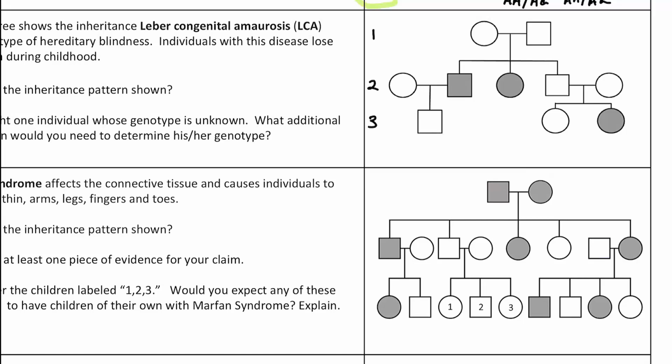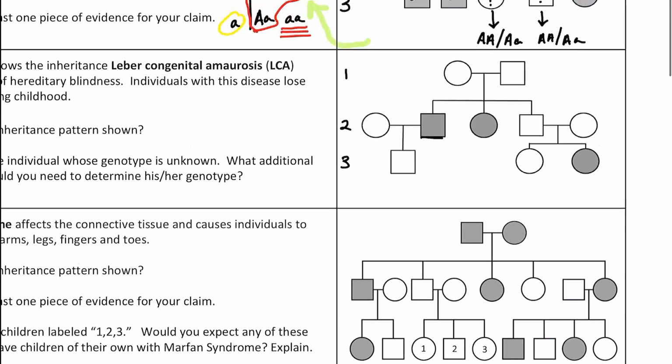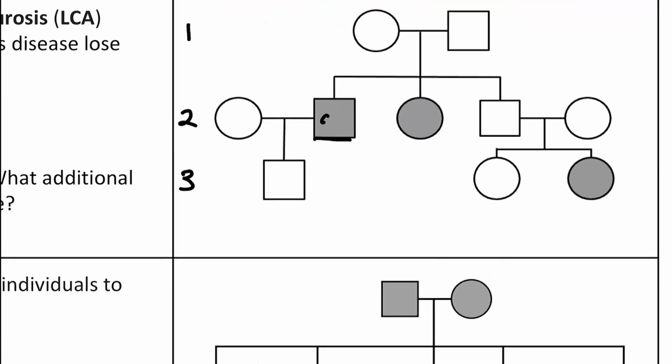I see in the second generation, I see children from the first generation that have the disorder. And if that's the case, then I would put little a. Now, I'm not sure if this can be supported. Let's go see. The parents don't have the infliction, so they must at least be carriers.